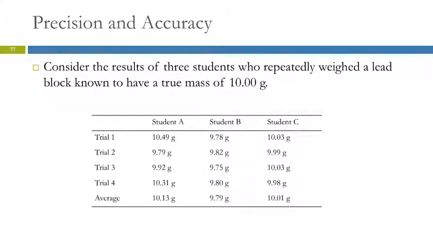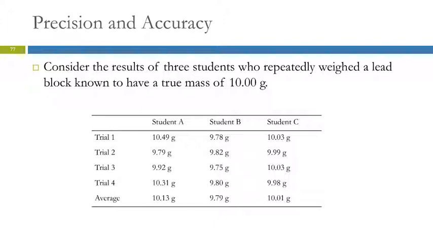So let's look at 3 students weighing a lead block. We know that the true mass of this block is 10.00 grams. They're each weighing it 4 times and reporting an average. So let's look at their average first. 10.13, 9.79, 10.01. So who is close to the true value?